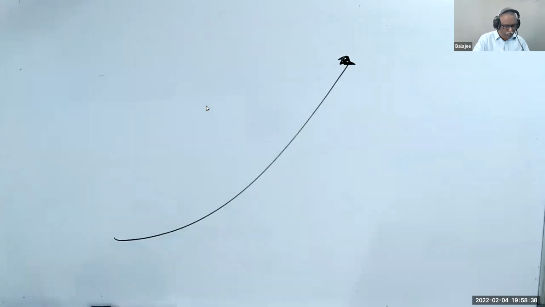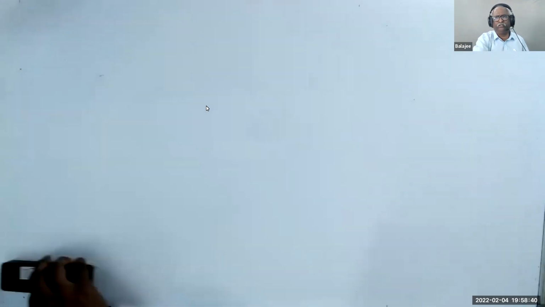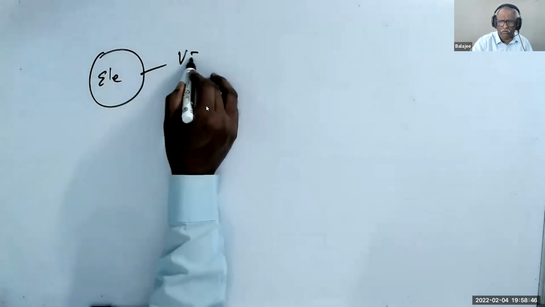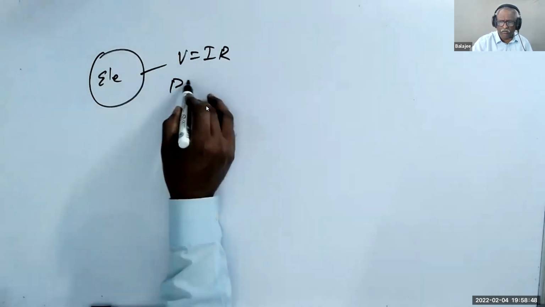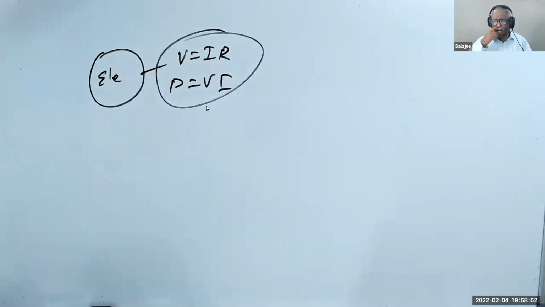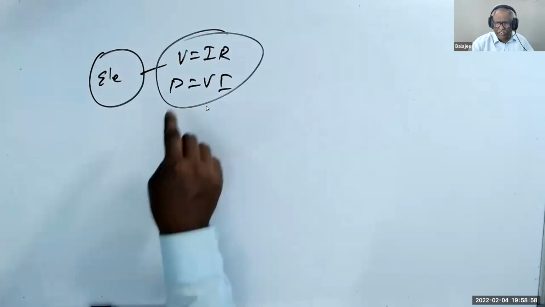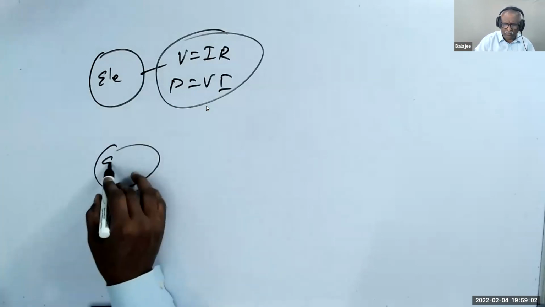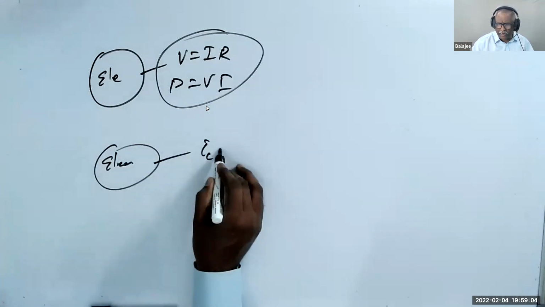To touch the latest, you require 3 things. Fundamentals of electrical: Ohm's law and power law. That's all, nothing else. I don't need Thevenin's theorem, I don't need the Wheatstone bridge, I don't need Kirchhoff's laws. Only V = IR, only 2 formulas. Then electronics: IC = beta times IB.